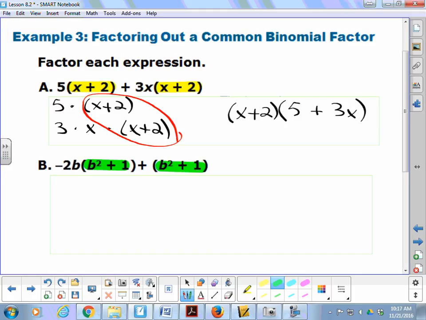So I'll write b squared plus 1 in parentheses, because that's my greatest common factor. Then put my left parenthesis. What do we have left? Negative 2b here. And what's left here? If there's nothing there, then it's a 1. So negative 2b plus 1.